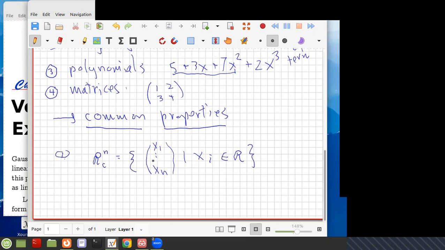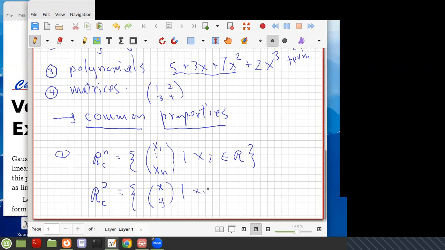Now you'll notice this is also a solution set of one of our systems where all the variables are free. For example, the one we've dealt with most simply is R2C. If we just have two, we could call it X and Y, so we leave the indices here to make the general statement R to the N, but if we have just two or three, we could use XY or XYZ.